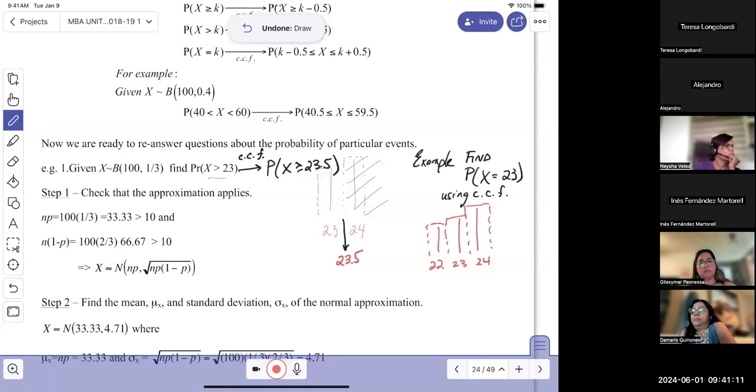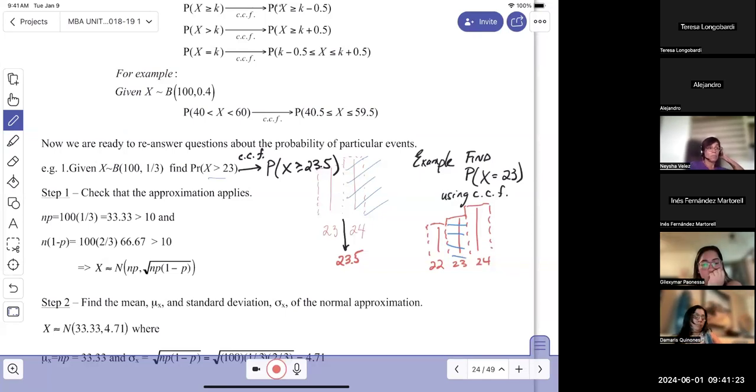Are you seeing what I'm seeing here? I want 23. In other words, I just want the bar at 23. So what is the adjustment? How do I prepare the question with the continuity correction factor?